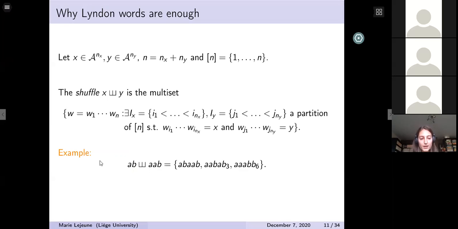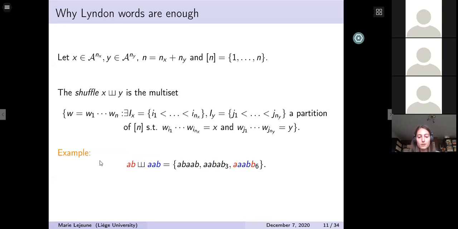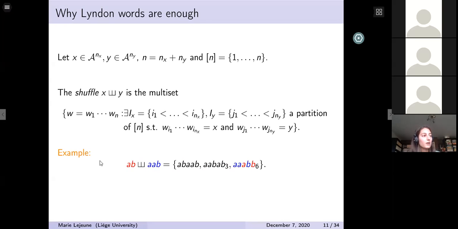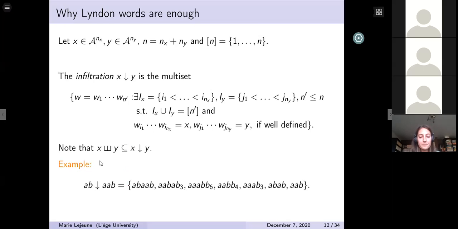So for example, if I take the red word AB and the blue word AAB, I'm going to shuffle the letters in all possible ways, but keeping the order AB here and keeping the order AAB here. So I can put AB before AAB, or I can put the B in the middle of AAB here, or at the end, and so on. And I'm going to shuffle the 2 words like that, and I obtain a multiset.